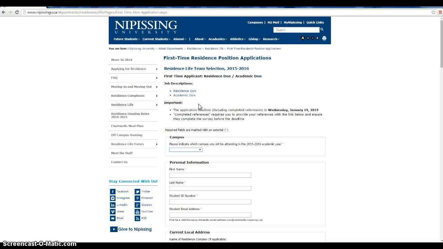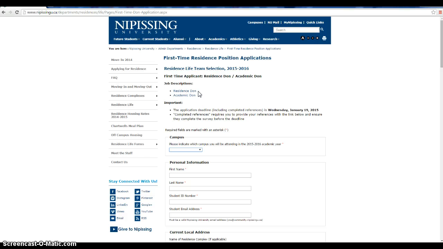The Department of Residence Life considers any student who has not previously held a Residence Don or Academic Don position as being a first-time applicant. Underneath the job description heading, you will see two links to two different job descriptions.